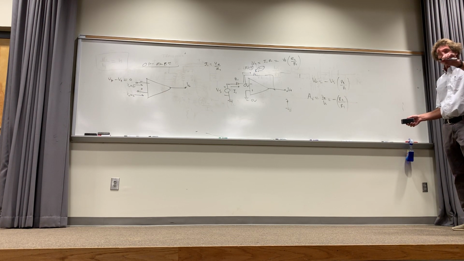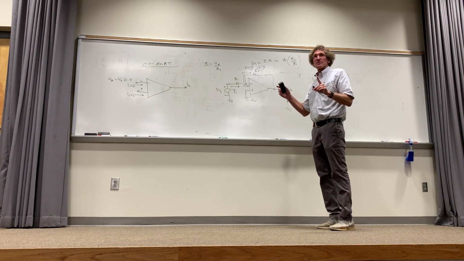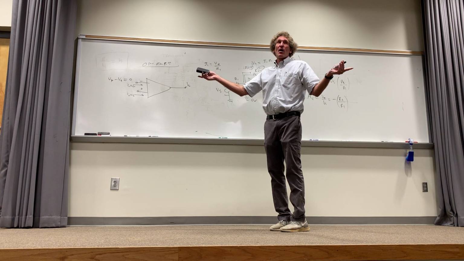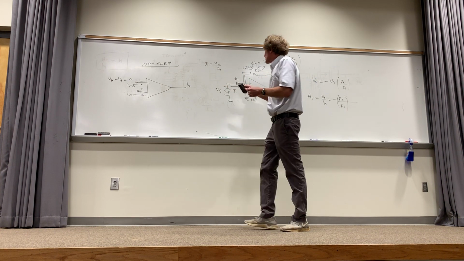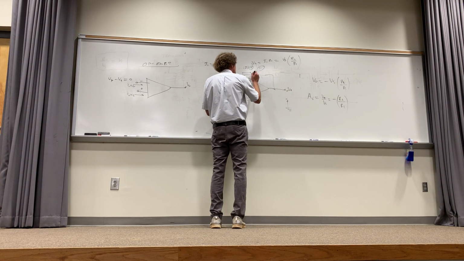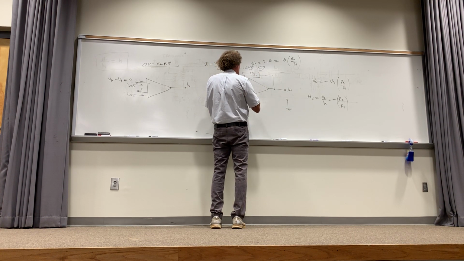This is ideal. Now listen, what if instead of a resistor we talk about something a little more all-inclusive? Make it impedance. So if we make this Z2 and make this Z1, just put a block there, I don't care what they are.